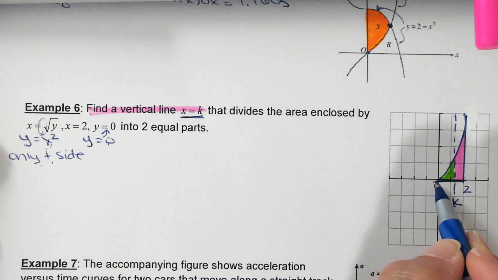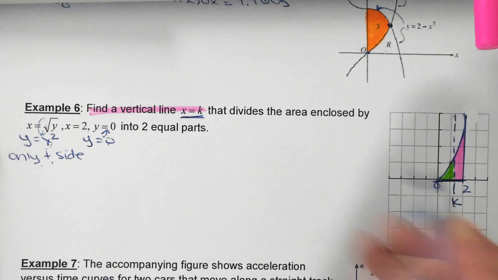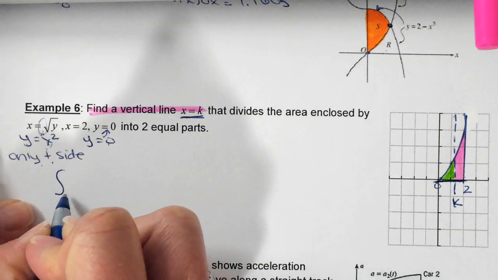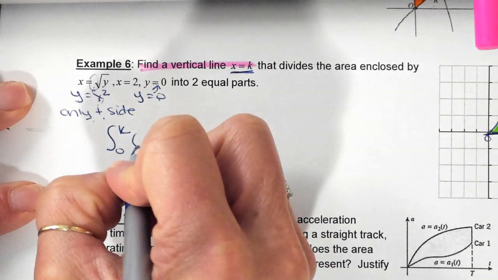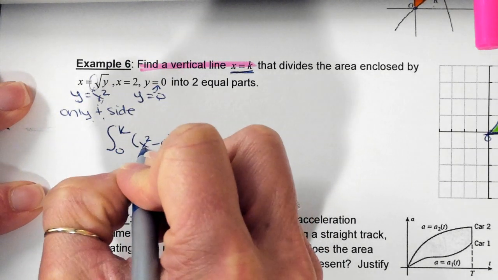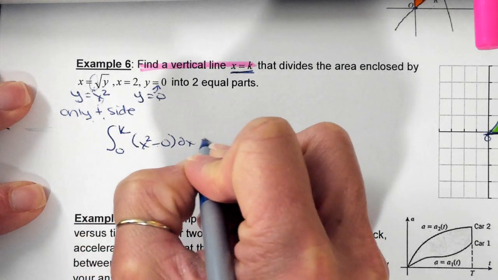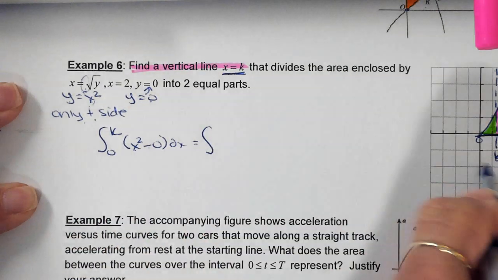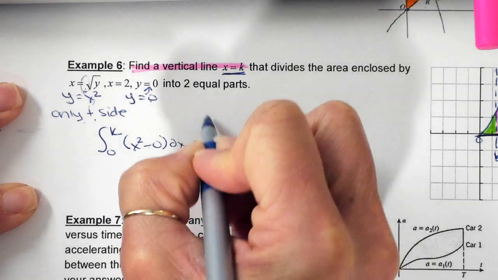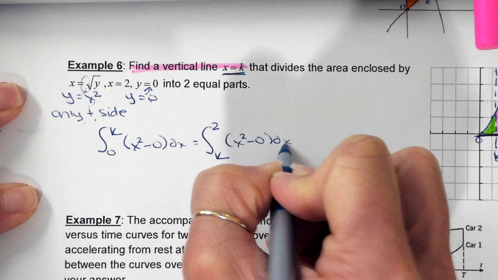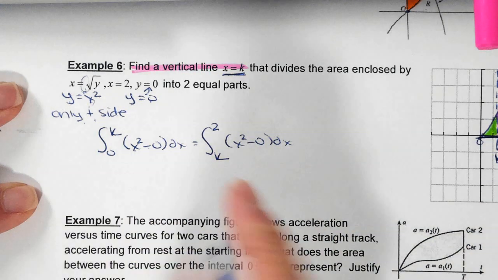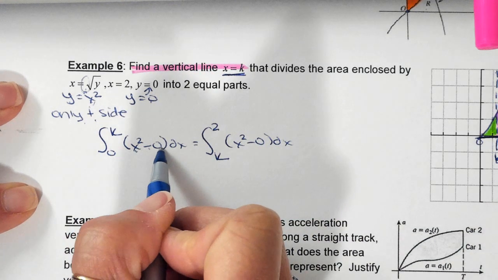So the area under the curve from 0 to k of x squared minus 0, which is top minus bottom, dx, needs to be equal to the area under the curve from k to 2 of x squared minus 0 dx. Again, that's going to go away, but I just wanted you to understand it's still top minus bottom.